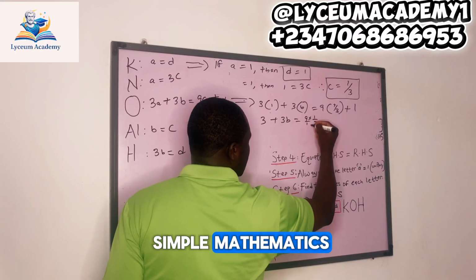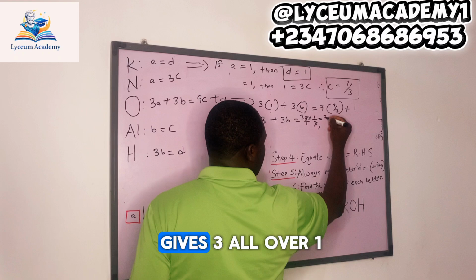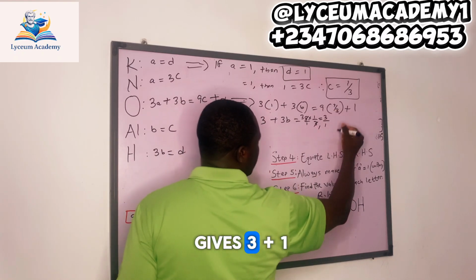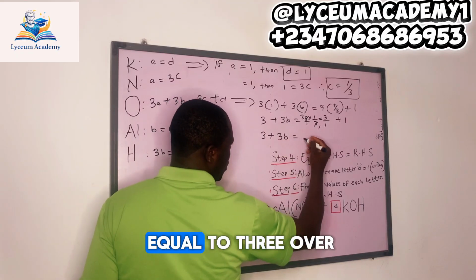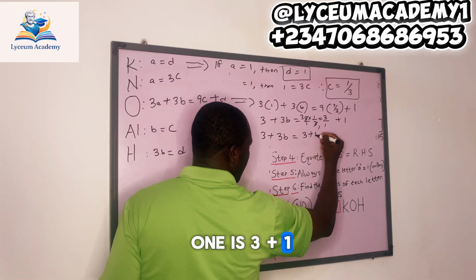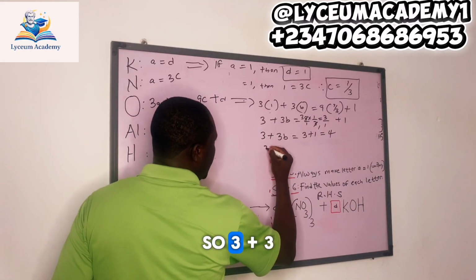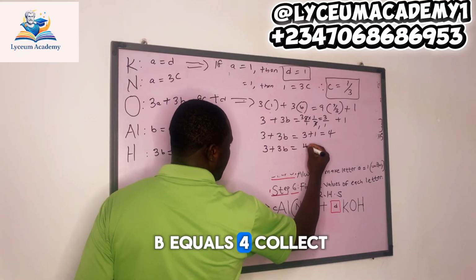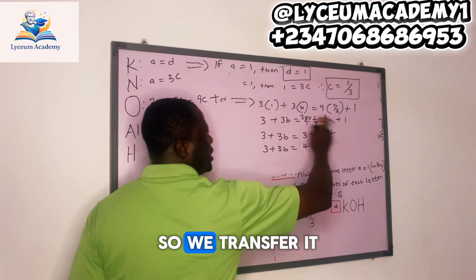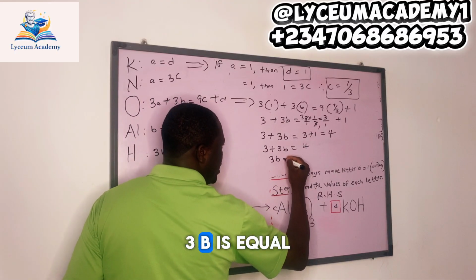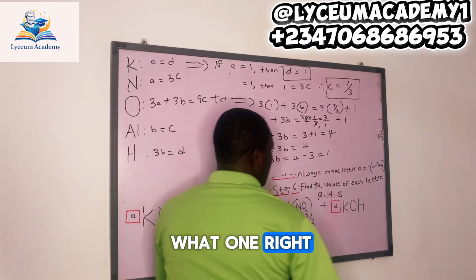Simple mathematics: 3 goes into 9 3 times. So 3 times 1 gives 3 all over 1, so 3 over 1 gives 3, plus 1. So we have 3 plus 3B is equal to 3 plus 1, that gives 4. So 3 plus 3B equals 4. Collect the like terms, meaning this 3 doesn't look like 3B, so we transfer it to the other side. 3B is equal to 4 minus 3, which is 1.